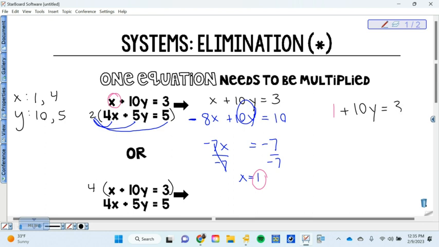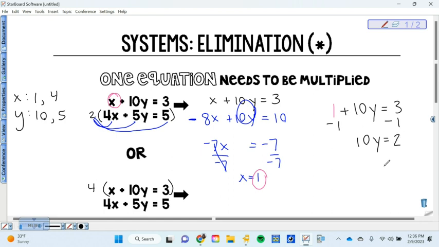And stop it. So 1 plus 10y equals 3. How do I solve for y? Yep, I already plugged 1 in for x. How do I solve for y? Subtract 1. So 10y equals 3 minus 1 is 2.